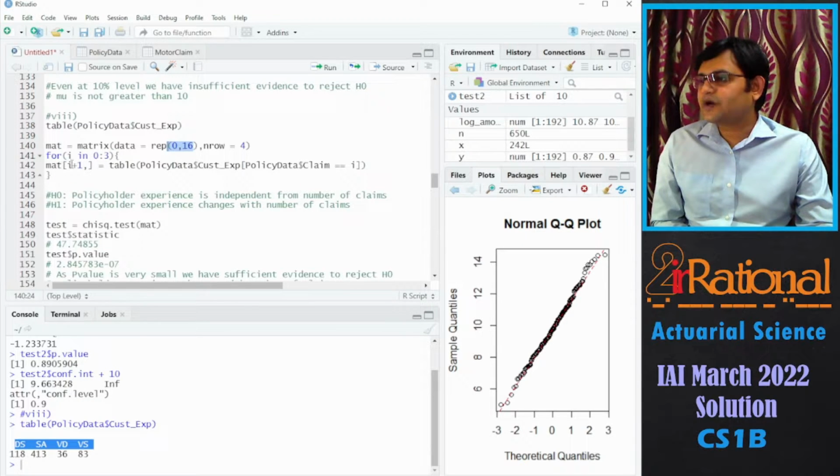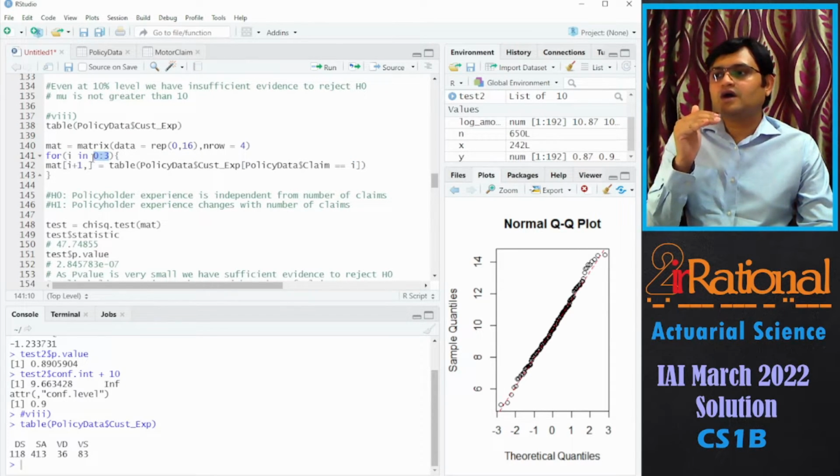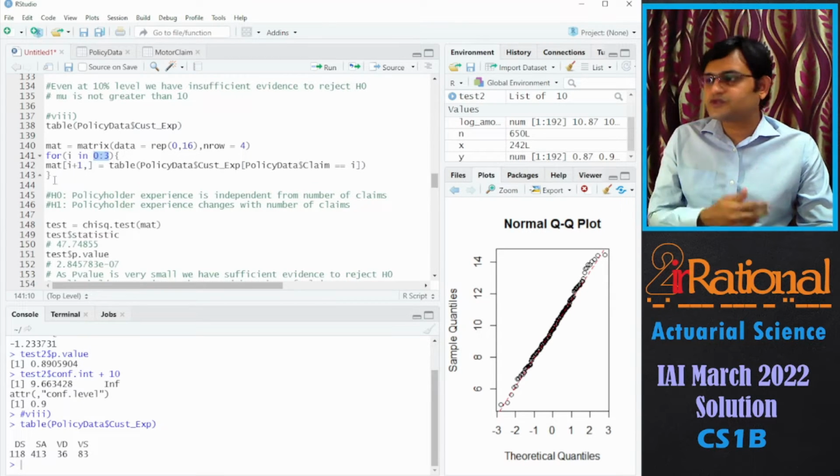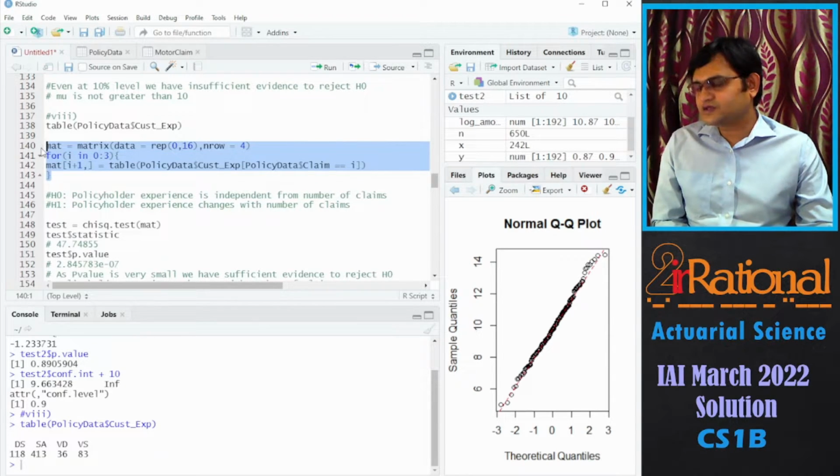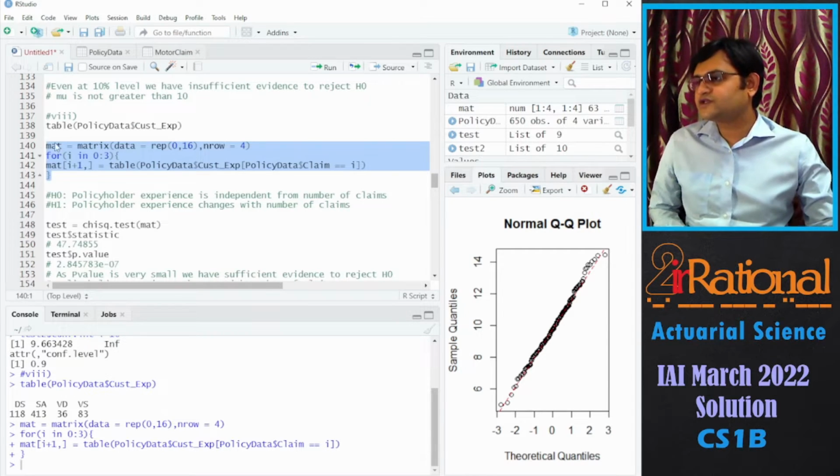Then I have said my matrix column I plus 1, that is the first column, is going to be nothing but the table of policy data value with the customer experience, such that the policy data claim value is going to be equal to I. My I is going from 0 to 3. That is the claim number or number of claims. Now when we run this, you will see we have a matrix.